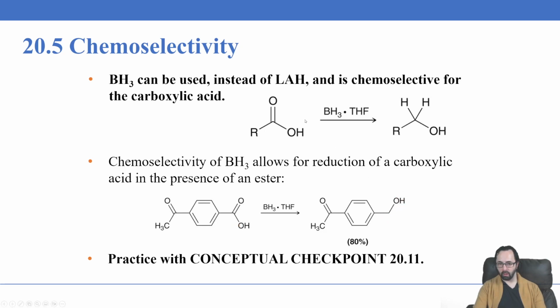And again, in the reduction, note what occurs. We basically add 2 hydrogen atoms here and lose the oxygen atom, right? It's kind of a double reduction. And so here we can see we now have a single bond to the oxygen, and we have 2 hydrogens here instead of the carboxyl group.